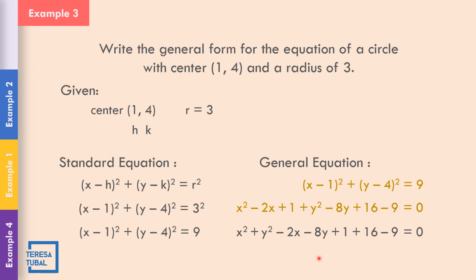So as you can see, 1 plus 16 is 17 minus 9. The answer is equal to positive 8 equals 0. So the general form of the equation of the circle is x squared plus y squared minus 2x minus 8y plus 8 is equal to 0.